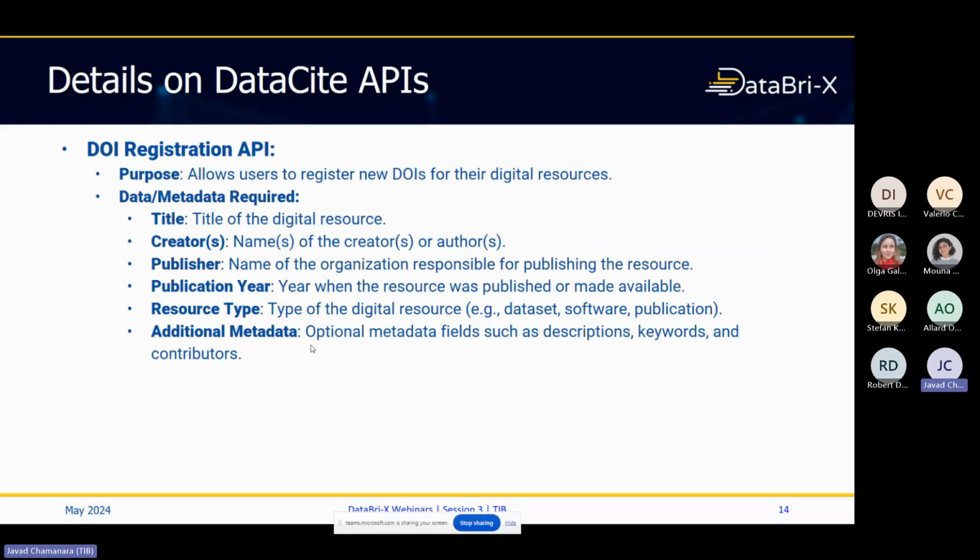For example, with the DOI registration API, you can allow users to register a DOI, providing title, creator, publisher, publication year, resource type, and additional metadata based on resource type, and then send them via HTTP request to the APIs and get the response back, and then be sure that it will appear in the landing page for that DOI later on after approval.